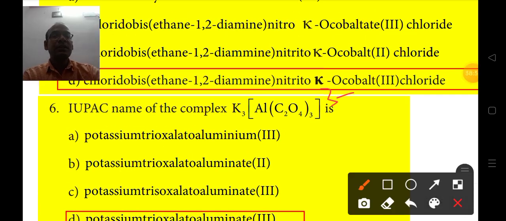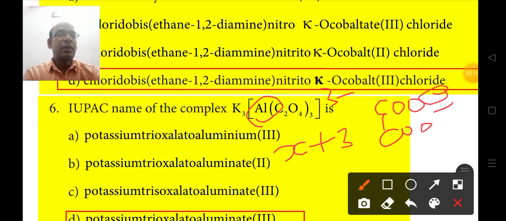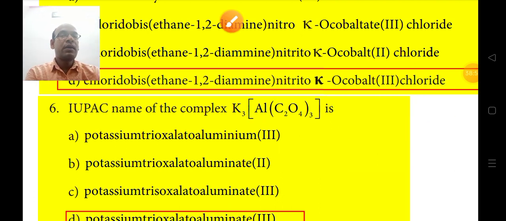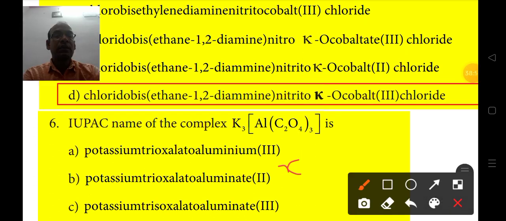Central metal ion oxidation state X, plus 3 oxalates. 1 oxalate has a minus 2 charge.